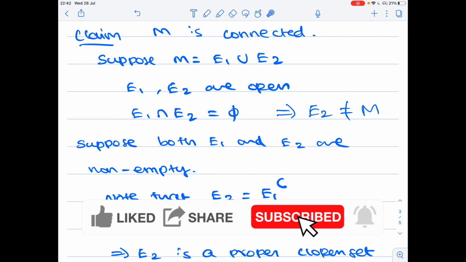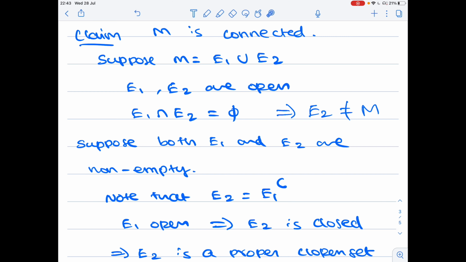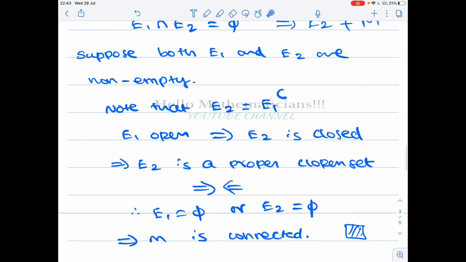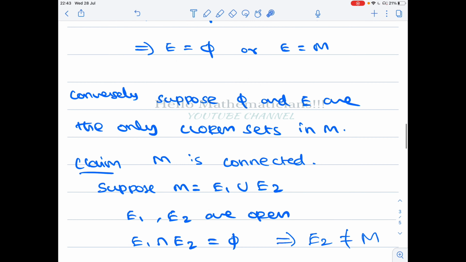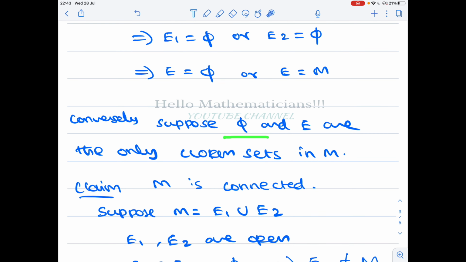So E2 is a clopen set which is non-empty and not equal to M. So we get a clopen set which is different from empty set and M. We assumed that the empty set and M are the only clopen sets in M. Now we have constructed another clopen set, so that is a contradiction.